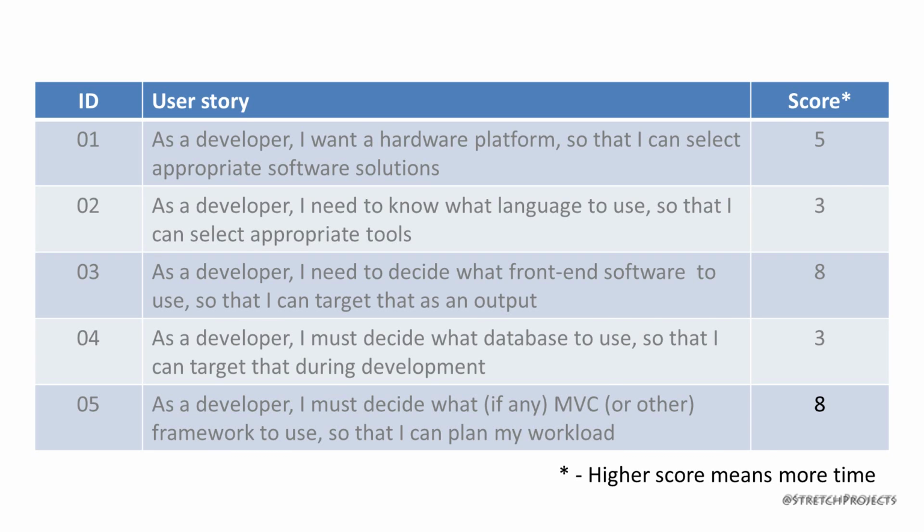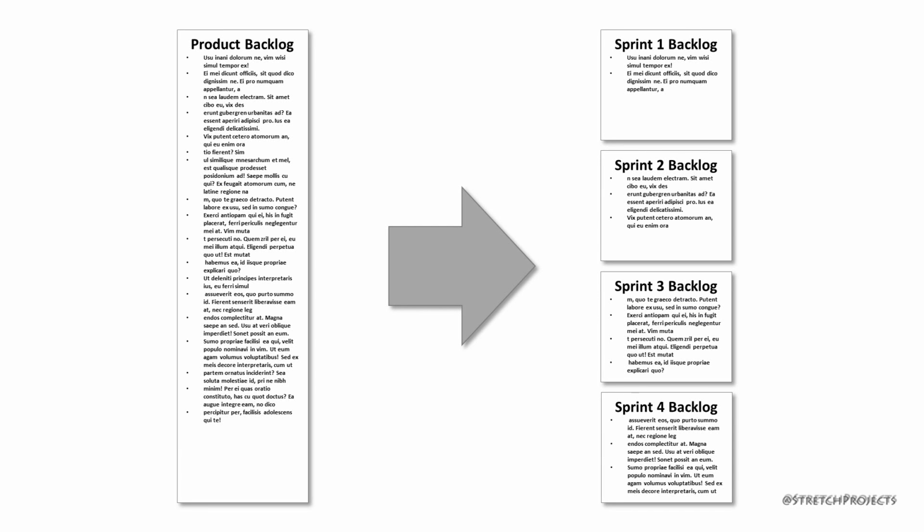Once all of the stories have scores assigned to them, then a conversation will take place as to roughly where the development will be at the end of that sprint, at the end of that 2-week period or the end of that 4-week period. And this allows the developers to loosely manage the expectations of the business.